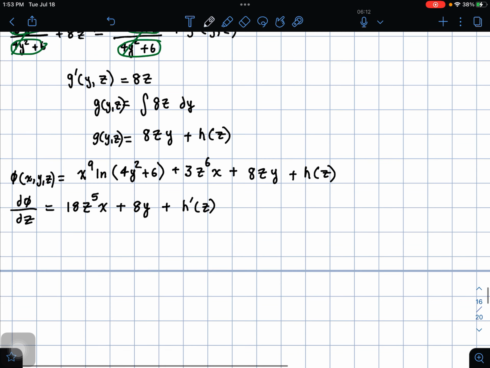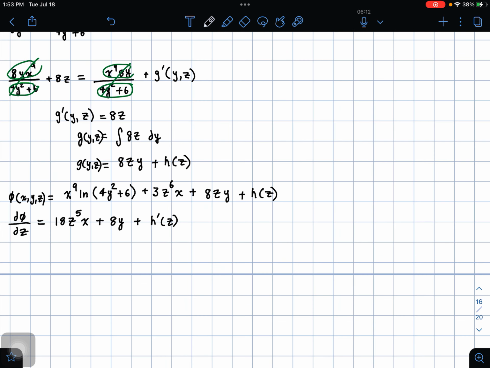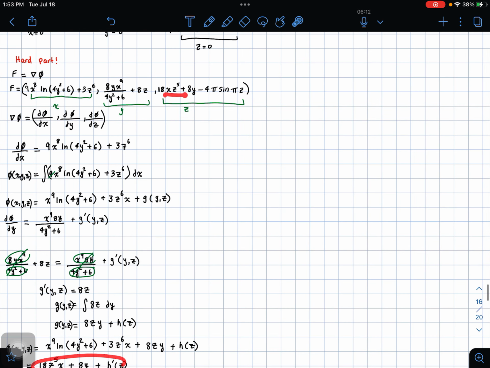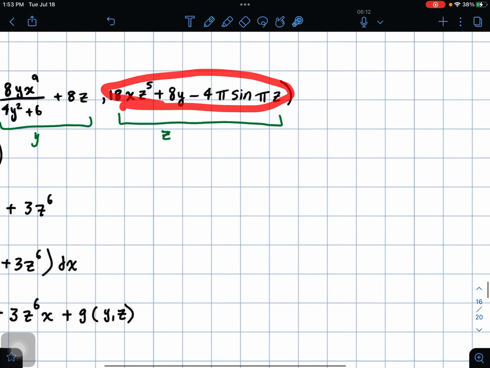Okay, so now we can take this and compare them.